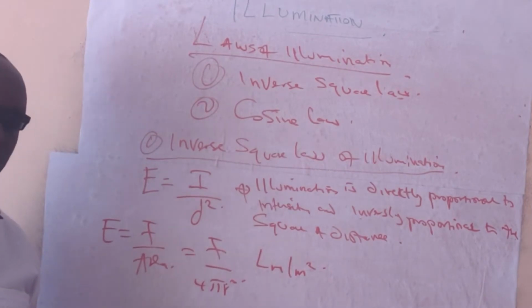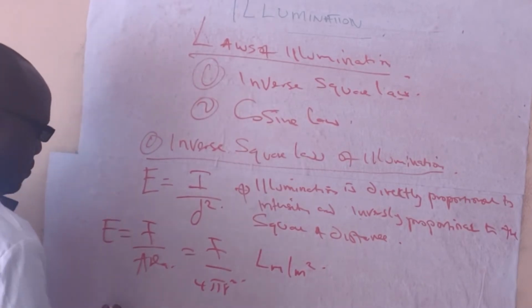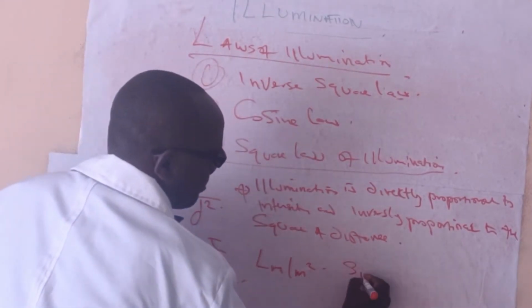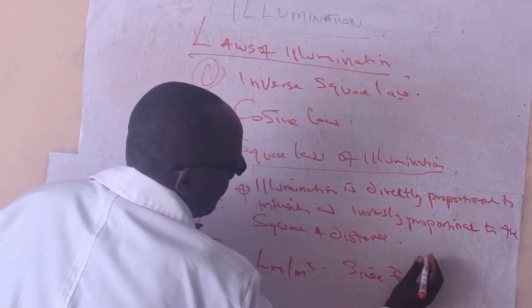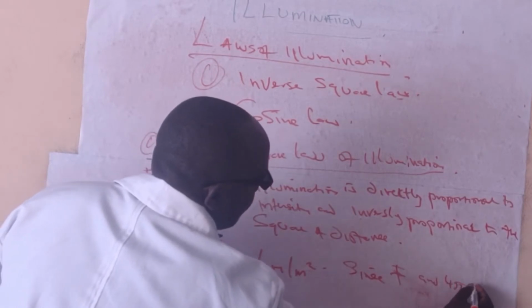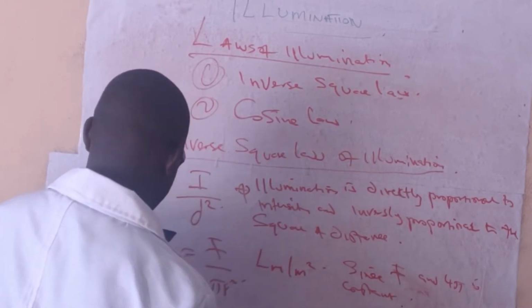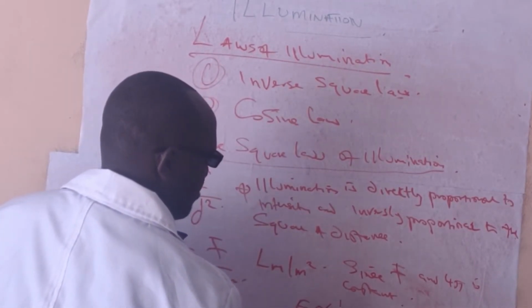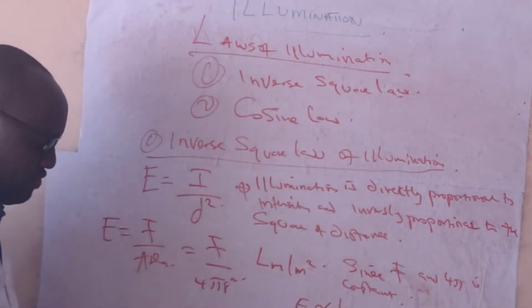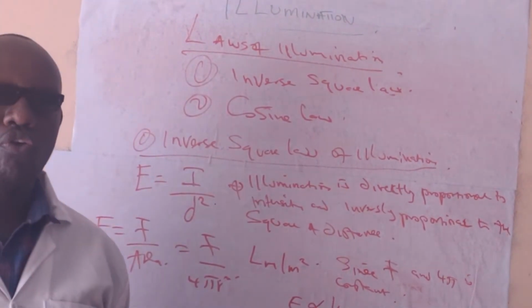So we can further say, since F and 4 pi are constant, illumination is inversely proportional to the square of radius.